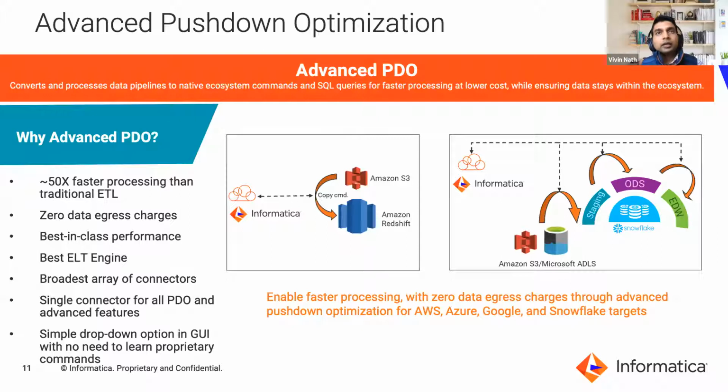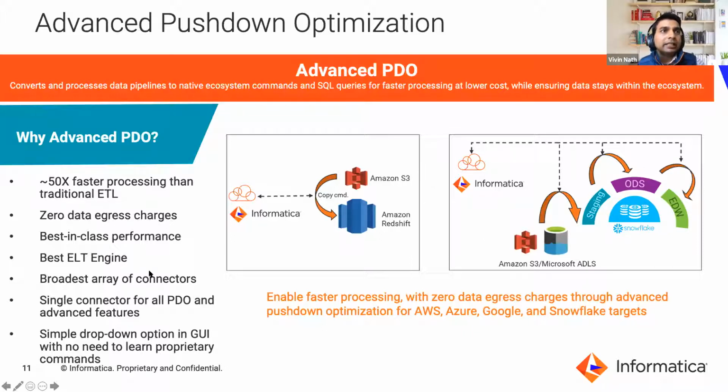Plus, you can leverage the power of, let's say you have a Snowflake data warehouse which runs on a big database cluster. You can execute directly on the Snowflake machine and use the compute power to execute it faster at scale. So the net result is the advanced pushdown capability is 50 times more powerful and faster than ETL-based processing. It gives you the best performance of any ELT engine.